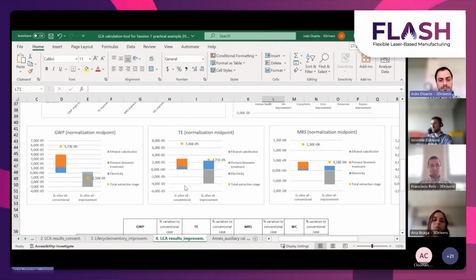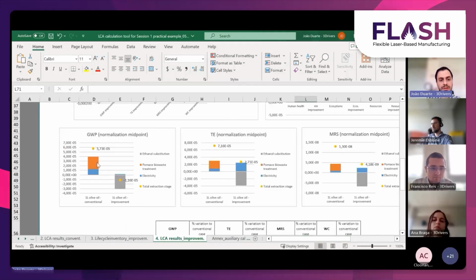And finally, here we can see, for each impact category, how the changes we made resulted in improvement or worsening in some cases of the environmental impact. So, for example, in global warming potential, we can see that by replacing the biowaste treatment with ethanol substitution, by ethanol production, we can reduce the environmental impacts.